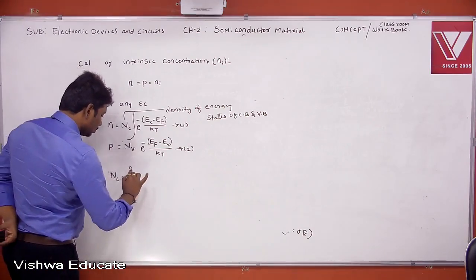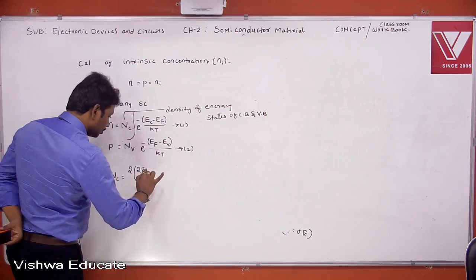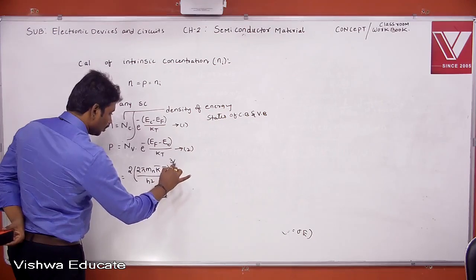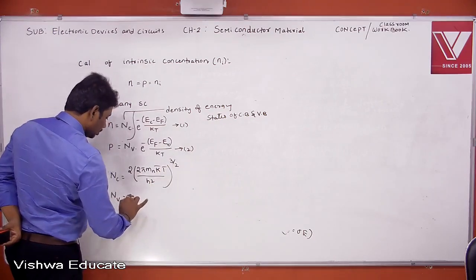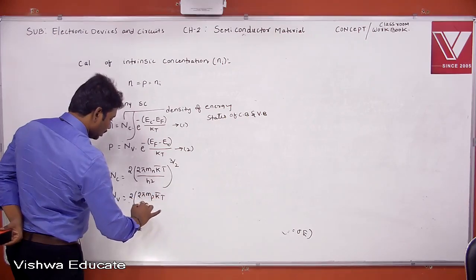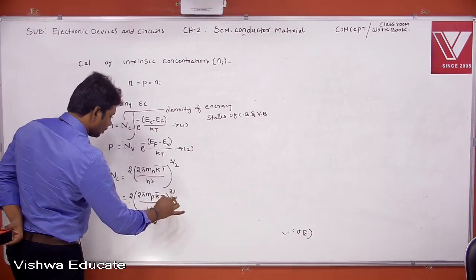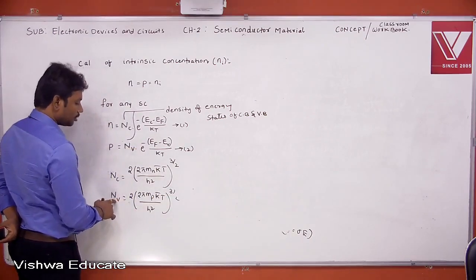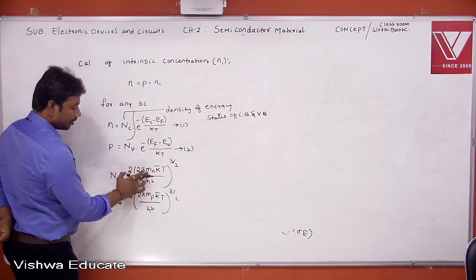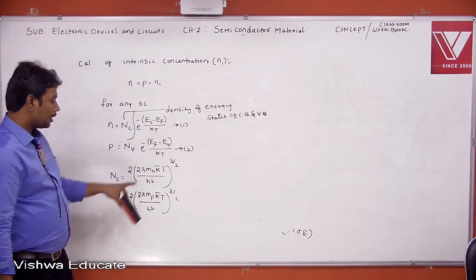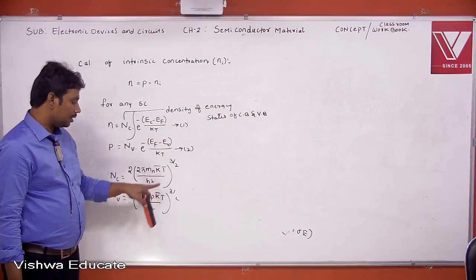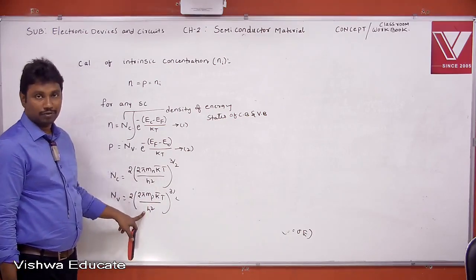Nc equals 2 into (2 pi mn k T by h square) whole power 3 by 2. Nv equals 2 into (2 pi mp k T by h square) whole power 3 by 2. These are the standard equations. We have a derivation also, but here we are considering them directly. Mn and mp are the effective mass of a free electron and the effective mass of a hole. I think you know what k and T are, and h is Planck's constant.